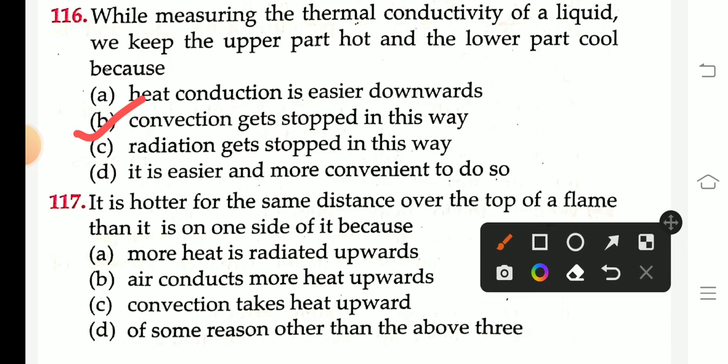Next, it is hotter for the same distance over the top of a flame than it is on one side of it because. Right answer will be option C. Convection takes heat upward.